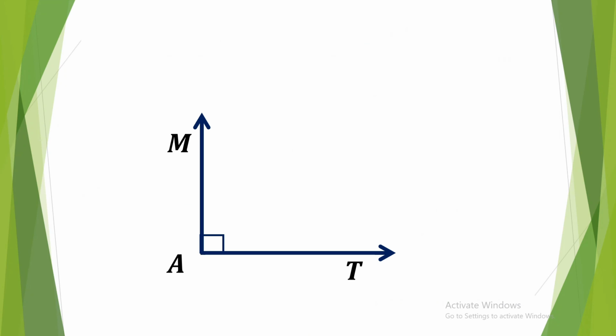Now, what if we have a right angle here, angle MAT, and we have a ray that divides that right angle into two smaller angles? We have angle MAH and angle HAT. If we add those two smaller angles, what is the sum?